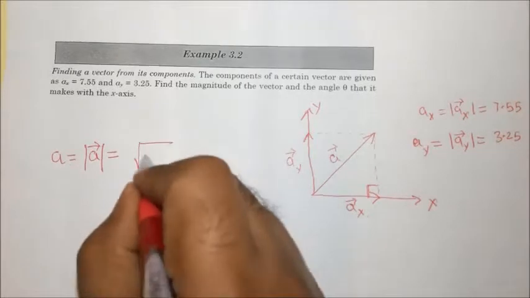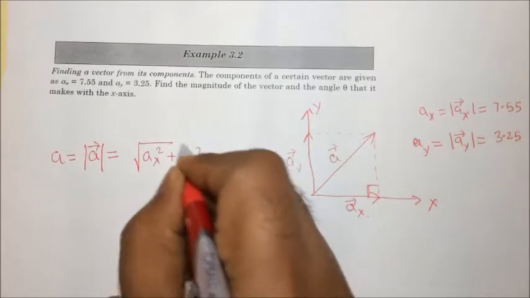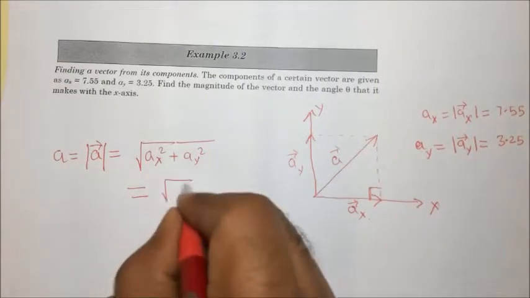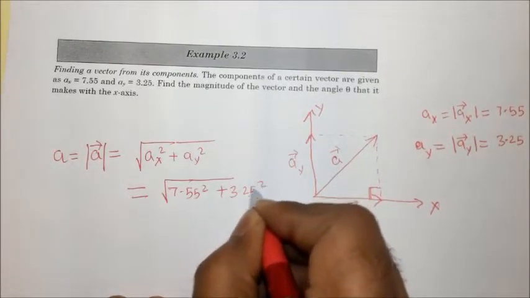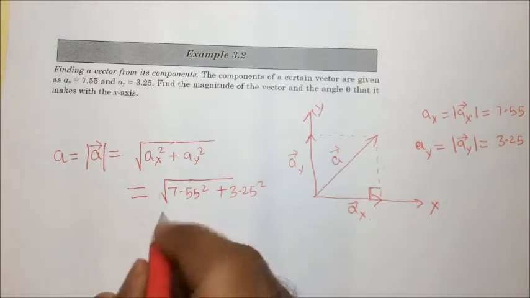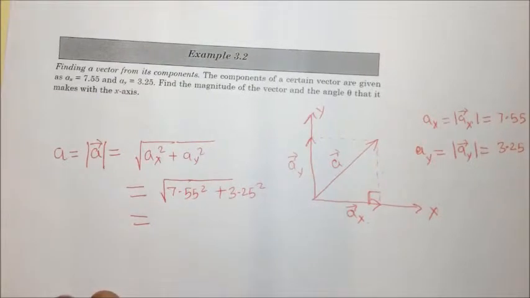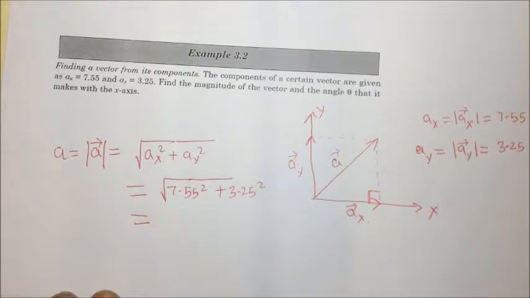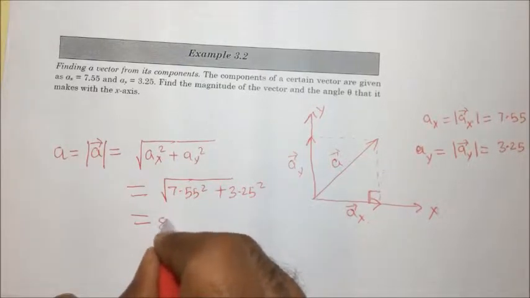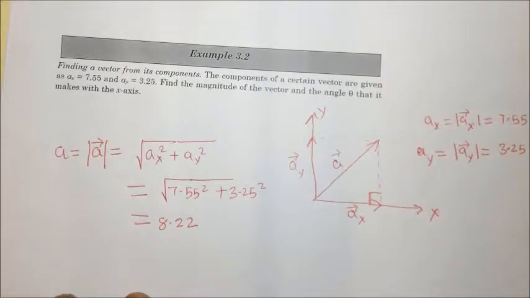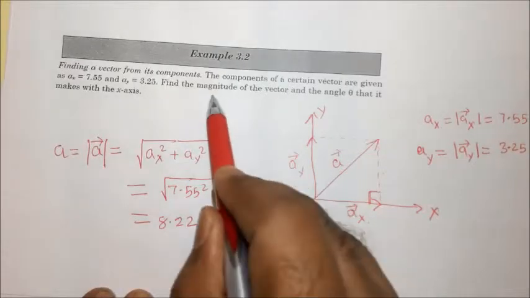A is going to be the square root of Ax squared plus Ay squared, and that is the square root of 7.55 squared plus 3.25 squared, and if you do the square root, it gives you 8.22. So this is the magnitude of the vector.